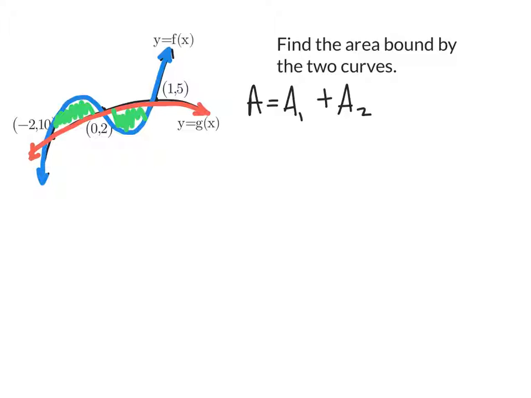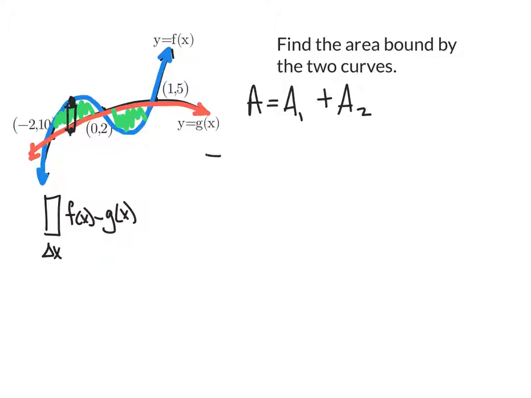So let's just think about this first region first. And if I look at the representative rectangle, the base is delta x. And as far as the height of this rectangle goes, I notice that over this entire region, the blue curve is on top of the red curve. So I would take whatever that expression is for f of x and subtract from it g of x.